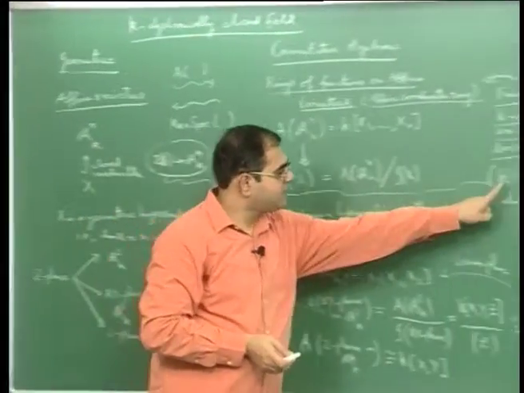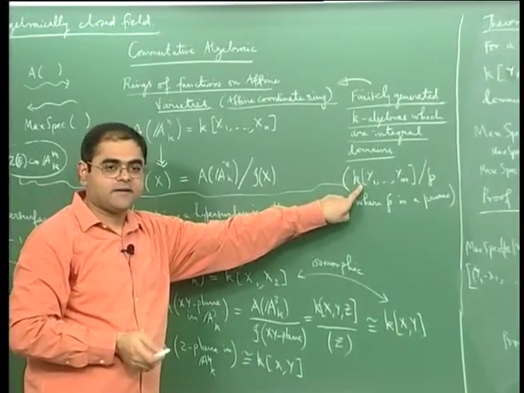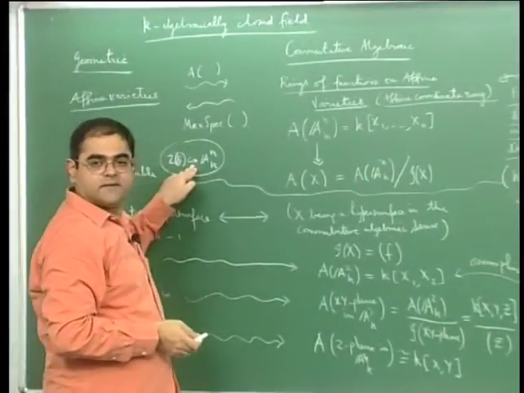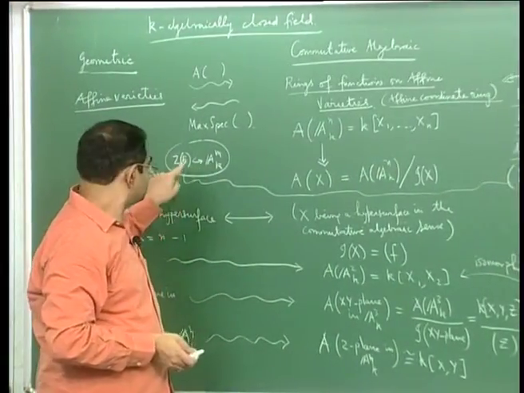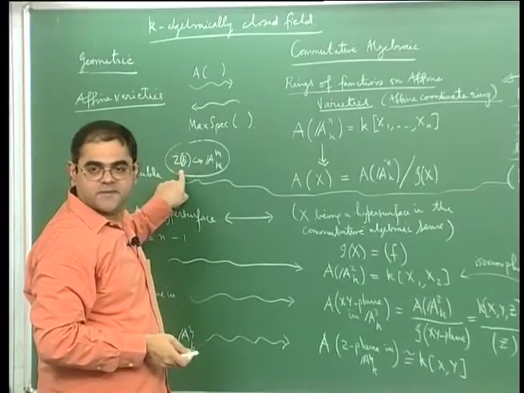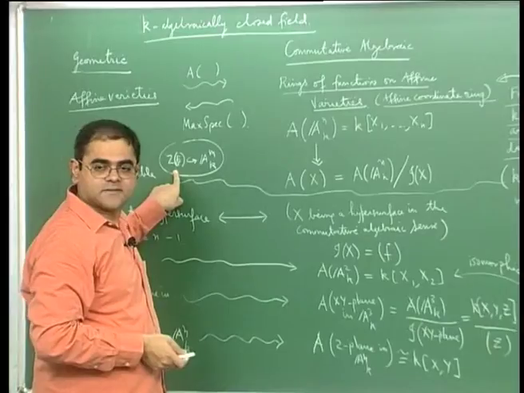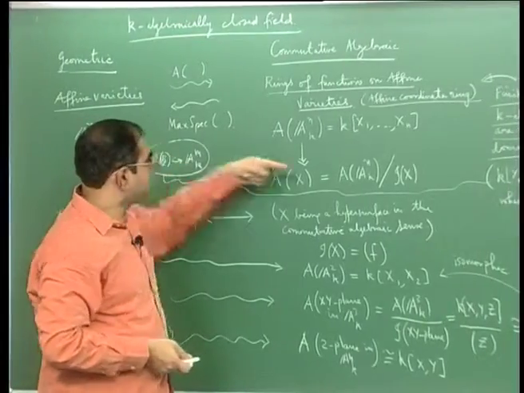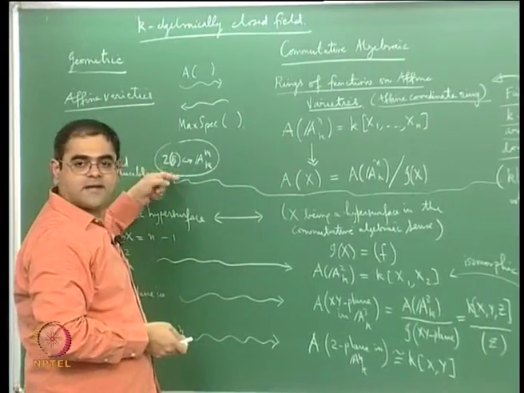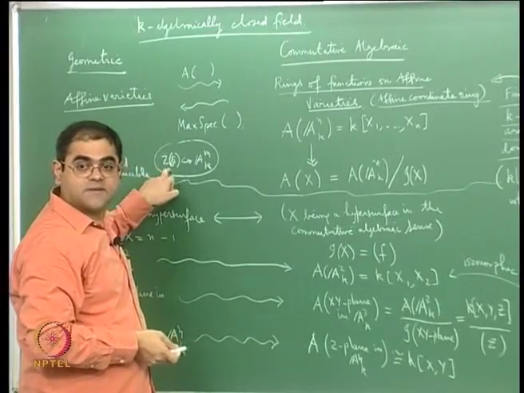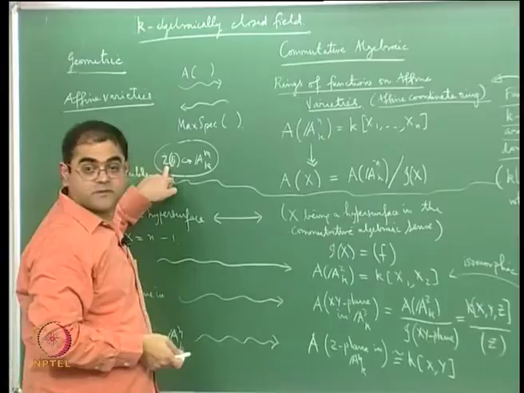Okay. So the moral of the story is that if I start with Z of P here in A^m, I take its affine coordinate ring, I get this quotient ring. If I again take its max spec, what I get is something that's homeomorphic to Z of P. I get back Z of P. So if I go like this and come back, I get something that is not exactly the same as this, but something that is isomorphic to this.